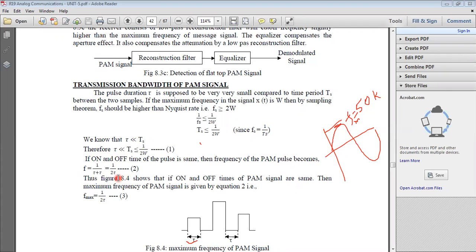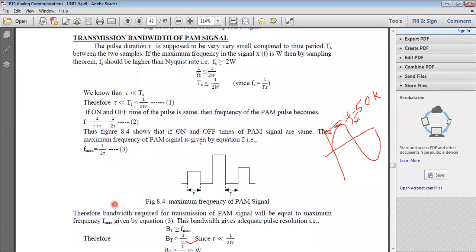What is F? F is the frequency of the PAM pulse. F equal to 1 by tau plus tau, which is equal to 1 by 2 tau. So the maximum frequency of the PAM signal is considered as 1 by 2 tau. That is F maximum equal to 1 by 2 tau.